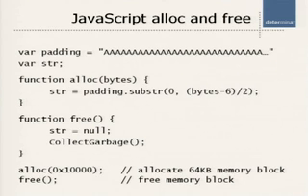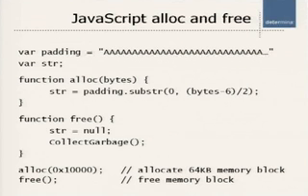And then it will use the substring method to chop off a piece of the padding string. The padding string is just a very long string that has to be as long as the largest allocation that you're ever going to do in your JavaScript code. So we're going to use the substring method to just take this many characters, and this will allocate a block of that size in bytes.